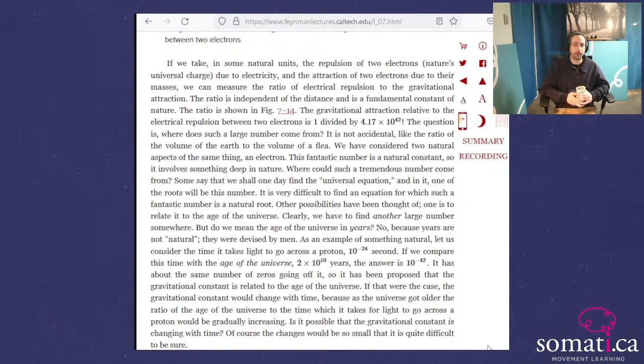That's specifically the repulsion of two electrons and the attraction due to their masses: 4.17 times 10 to the 42. That's amazing.